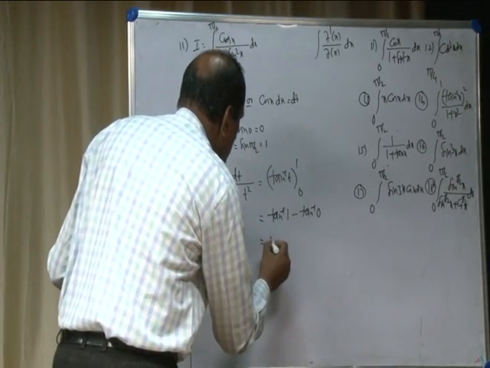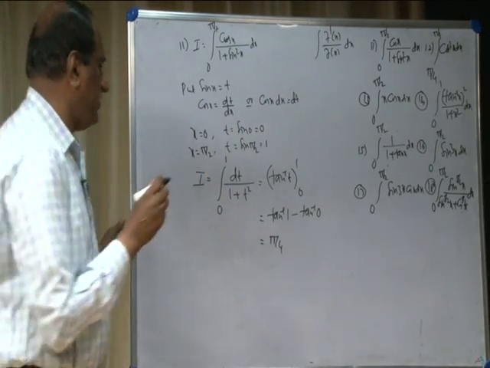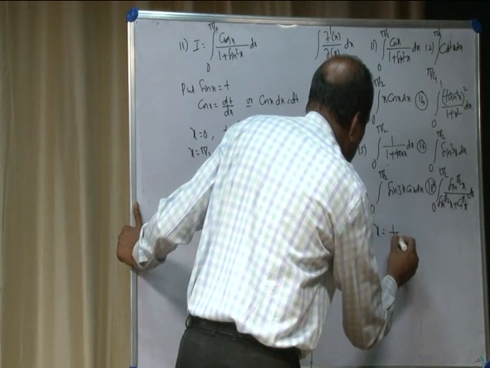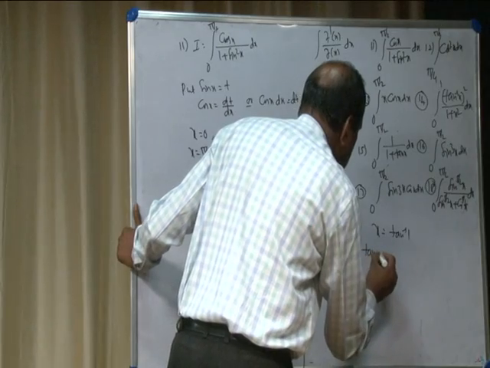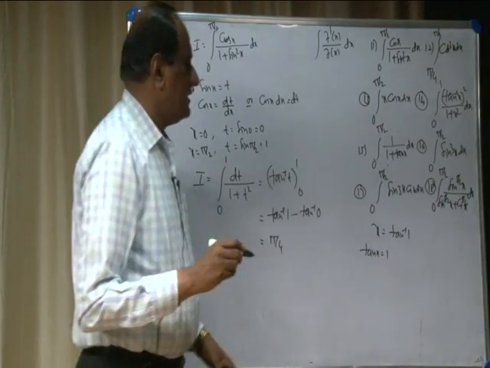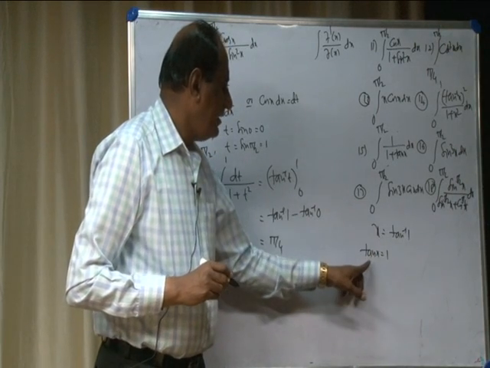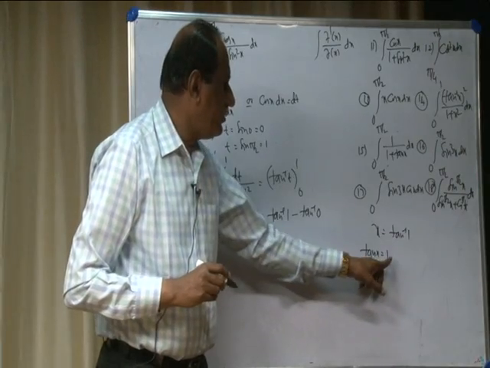Now, what is tan inverse 1? Tan inverse 1 is nothing but pi by 4. How to find the value of tan inverse 1? See here, suppose you write x is equal to tan inverse 1. By the definition of inverse trigonometric function, tan x is equal to 1.